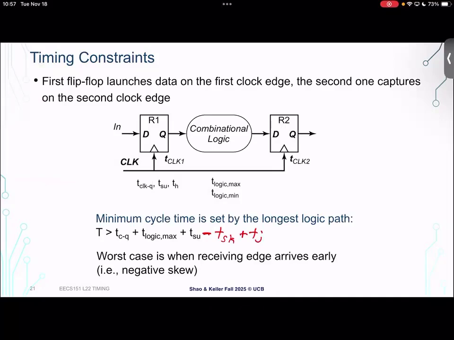Because we always need to add extra margin to account for the fact that the clock edge might arrive in exactly the direction we don't want it to. It might arrive late, or it might arrive early for the capture flop, for example, or late for the launch flop. Skew, per the question earlier, can actually benefit us, right? So in particular, you'll notice that positive skew makes it easier to meet this constraint if the clock edge can arrive later to the capture flop.